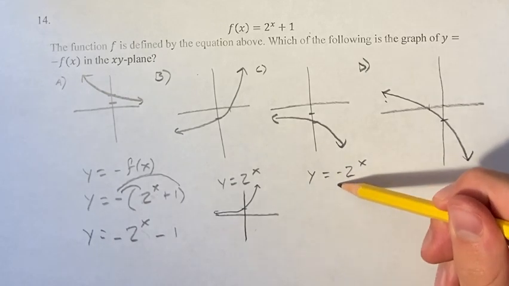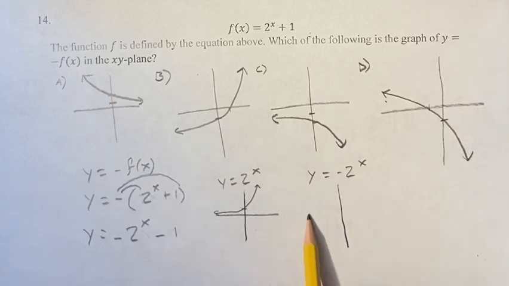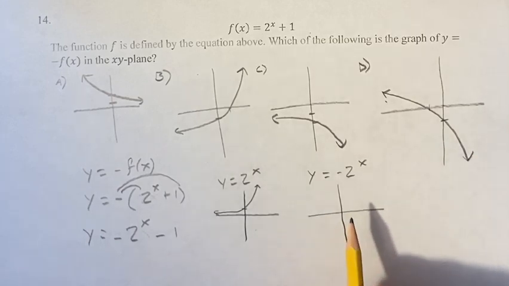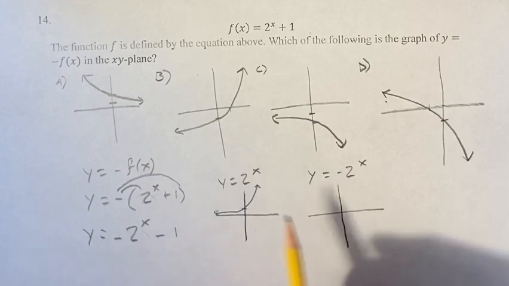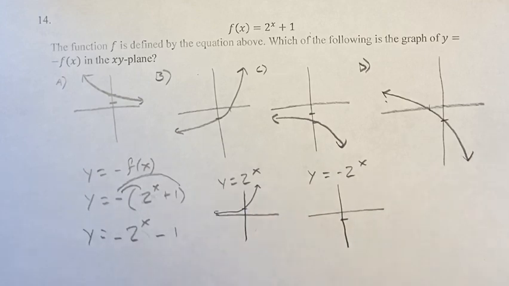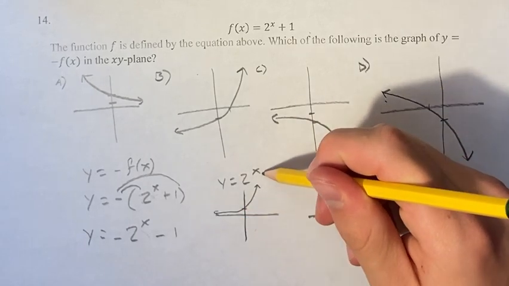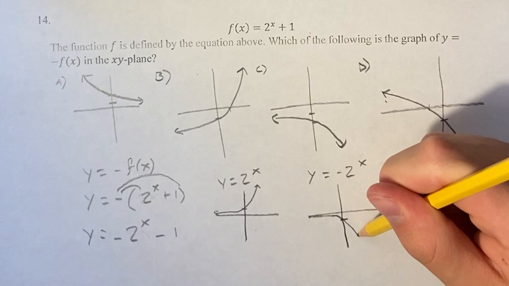What this is going to do is rotate it about the x-axis. So instead of going through 0, 1, it's going to go through 0, negative 1. And over here, it's going to look pretty similar. It's going to be going pretty close to the x-axis, just on the other side this time, because it's been reflected. And then it goes off to positive infinity, so then it goes off to negative infinity.